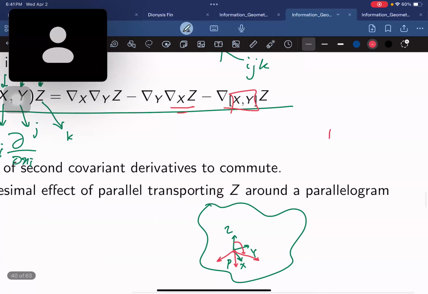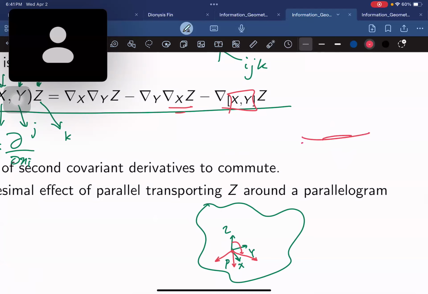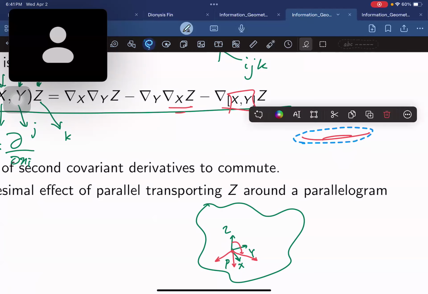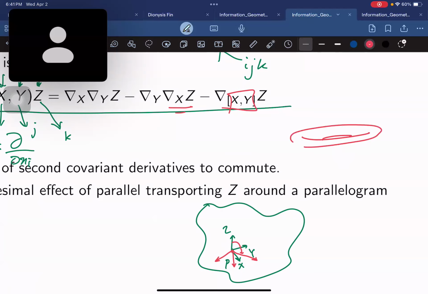Consider this torus, a very narrow torus. If I start from here, if the vector X would represent the inner circle instead of the outer big circle, the change of Z with respect to that would be a lot. Why?